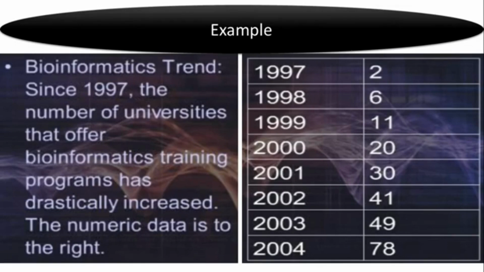So we have in 1999 two universities that are offering bioinformatics, and in 2004 there were 78 universities. You can see this upward trend in the sample that we have just presented to you. So that's a good example of a sample in which you can do descriptive statistics.